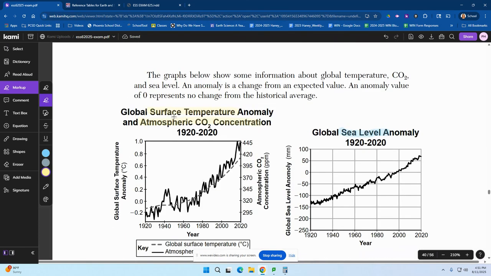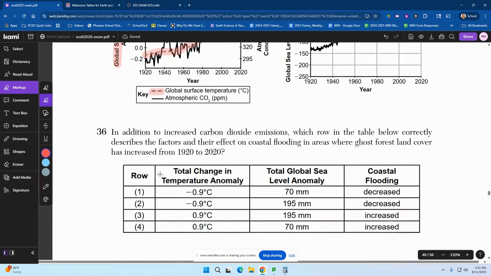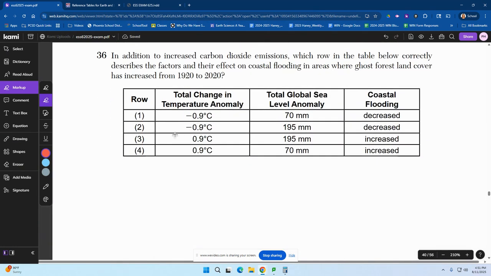So I'm going to look at this graph here. So temperature anomaly, and I see that the scale for temperature anomaly is, I'll highlight that in orange, this side. And my temperature anomaly is the dashed line here that looks like this. Okay. And so the first thing I notice is that these are all the same value, but 2 of them are negative and 1 of them is positive. So I'm going to start there.